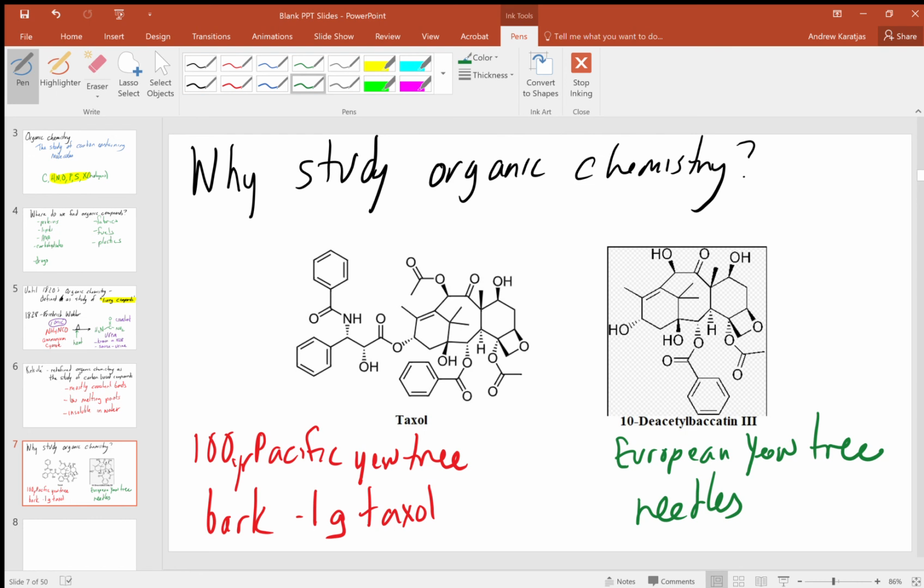And so if you think about that, you find something in the needles, well, you don't kill the tree by getting its needles. That's a renewable source.